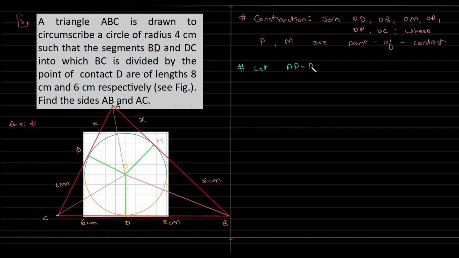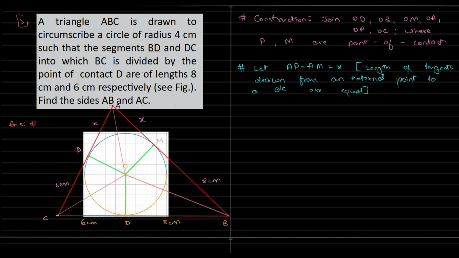Next thing is, let us write that AP is equal to AM, which is equal to X, because the lengths of tangents drawn from an external point to a circle are equal, right?